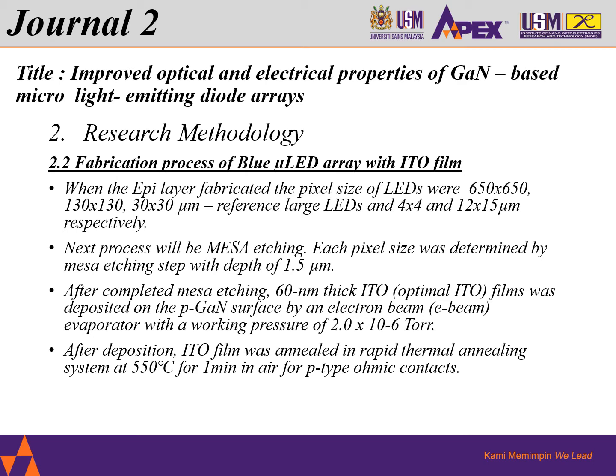After completing deposition of the ITO film, the device needs to go through a rapid thermal annealing system at 550 degrees C for 1 minute in air for the P-type contacts.